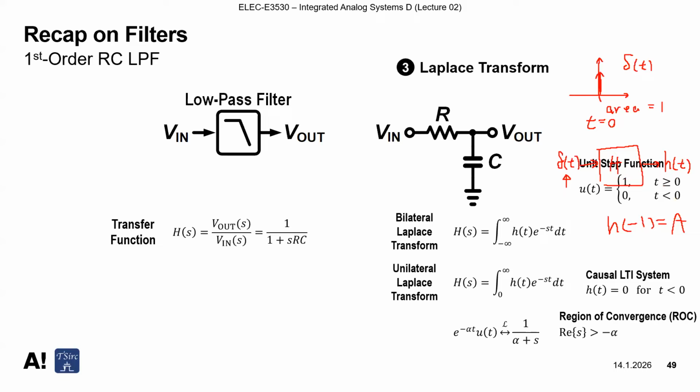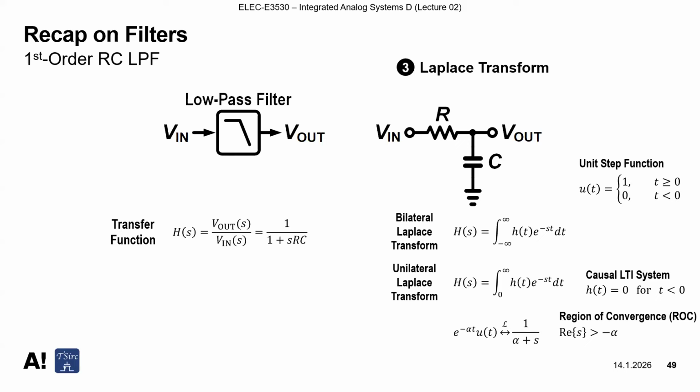Okay, let me remove all the annotations. About this Laplace transform family: when we take the inverse Laplace transform, we get e to the power of minus alpha t times u(t), whose Laplace transform goes to 1 over alpha plus s.